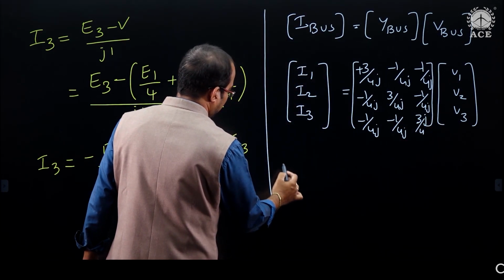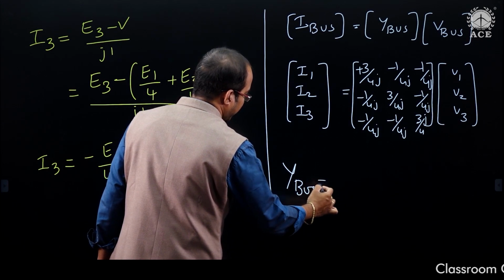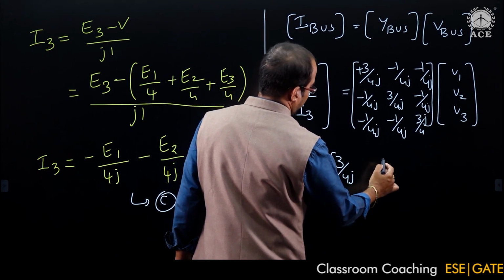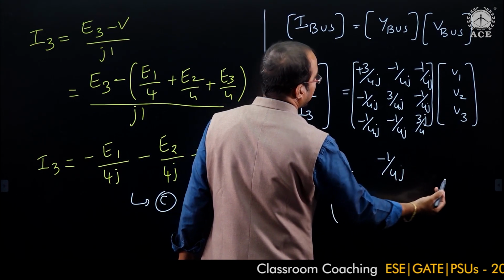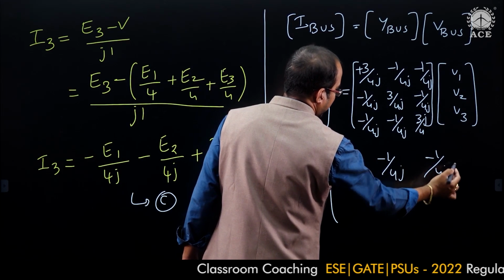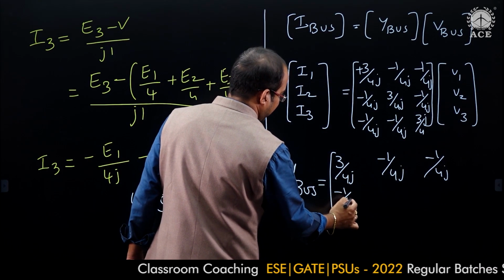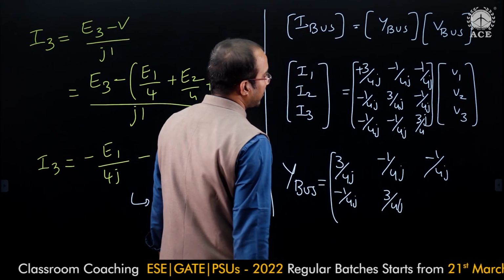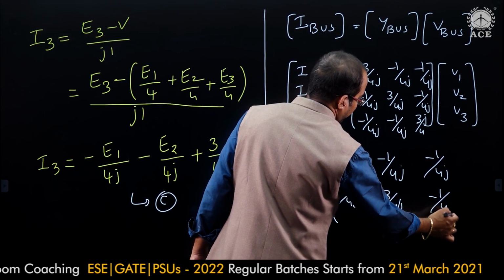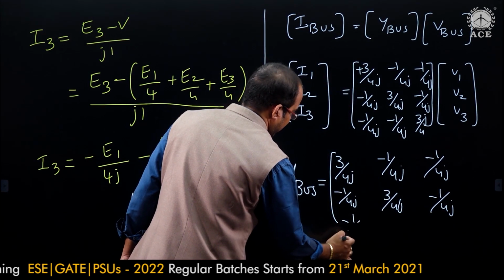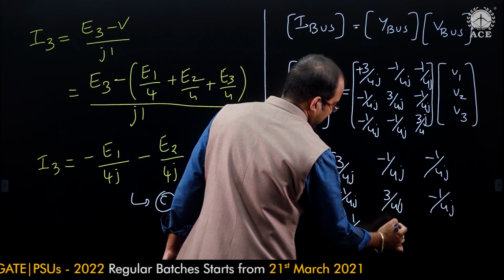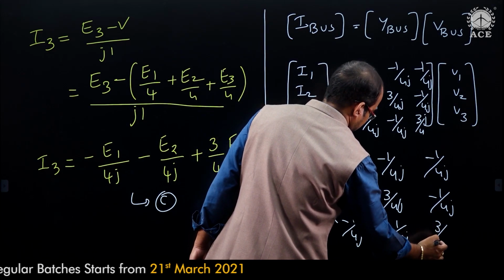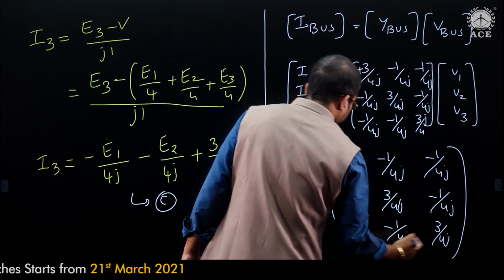So, we got the Y bus as 3 by 4j, minus 1 by 4j, minus 1 by 4j; minus 1 by 4j, 3 by 4j, minus 1 by 4j; minus 1 by 4j, minus 1 by 4j, and 3 by 4j. So, this is the Y bus.